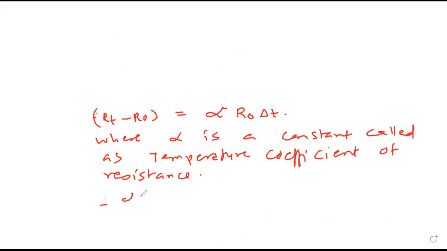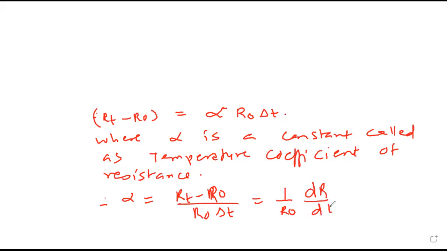So we can say alpha equals RT minus R0 upon R0 delta T, or the same thing can be written as 1 upon R0 times the change in resistance per unit temperature, the rate of change of resistance with respect to temperature.